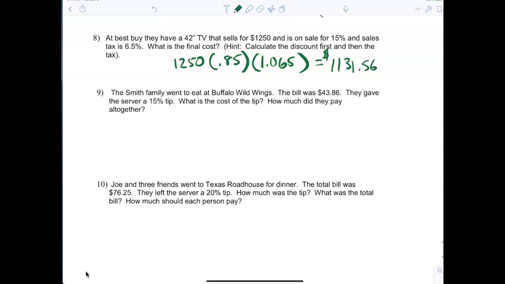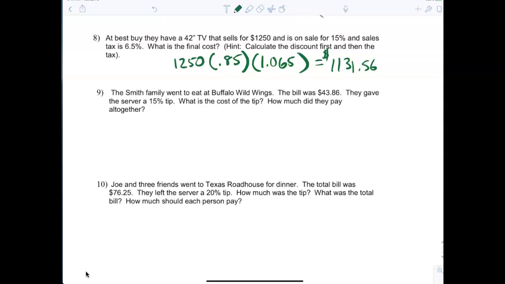All right. So again, very important. So here we go. The Smith family went to eat at Buffalo Wild Wings. The bill was $43.86.